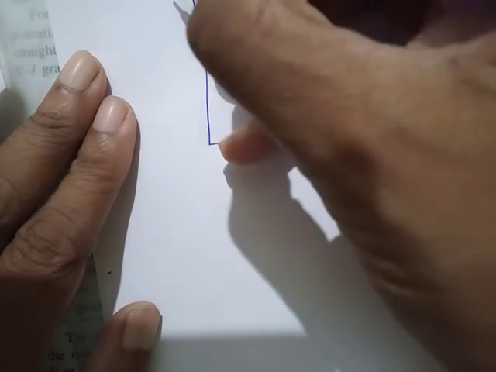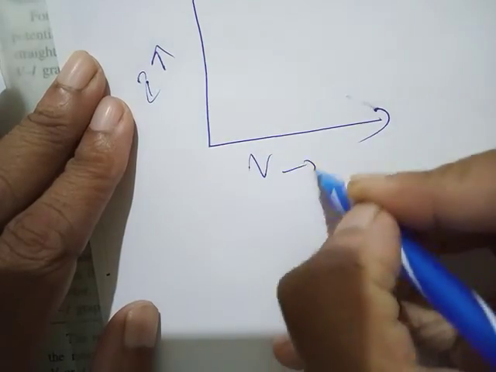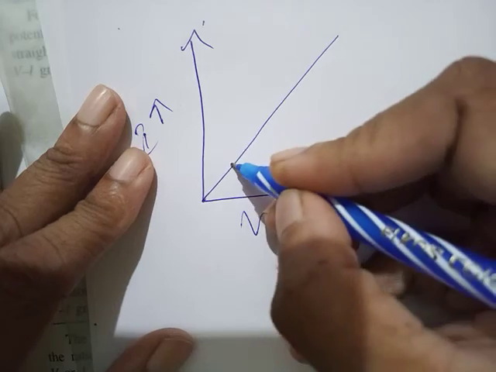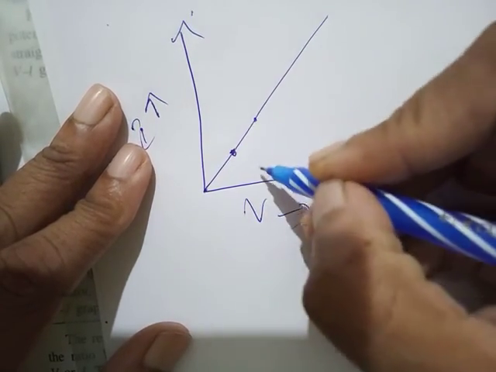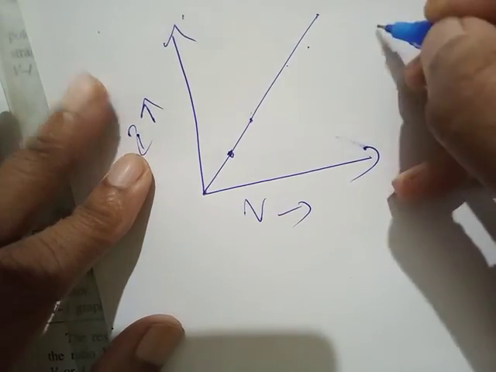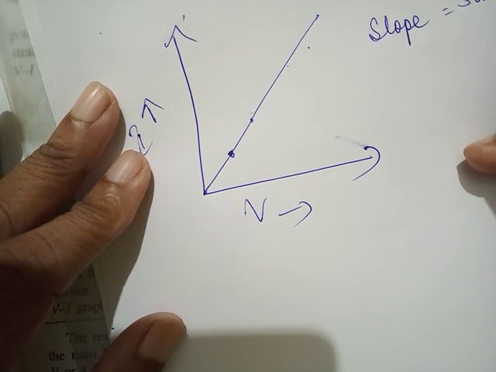case of an ohmic resistor, because you have a straight line, a linear proportional line, if you find the slope at any point, I can choose these two points, or this and this, the slope will be the same at all points.